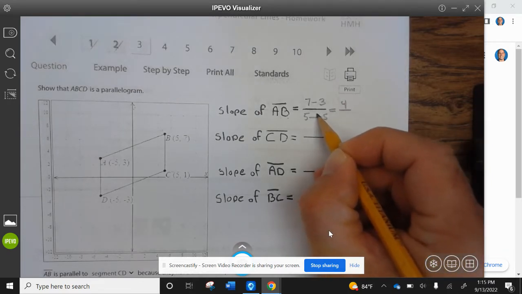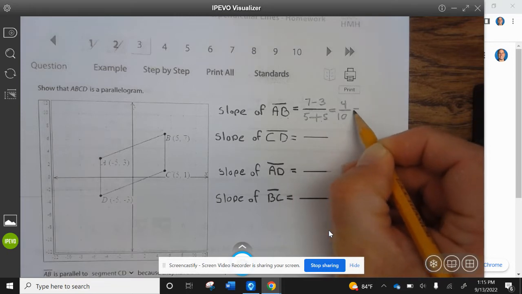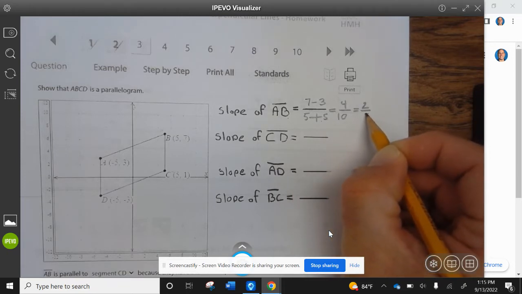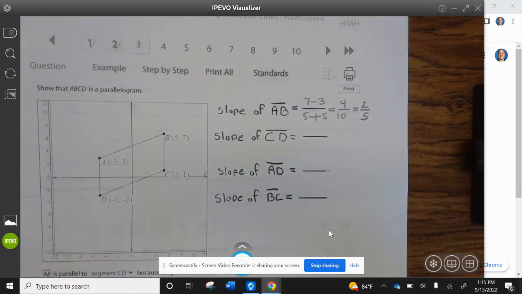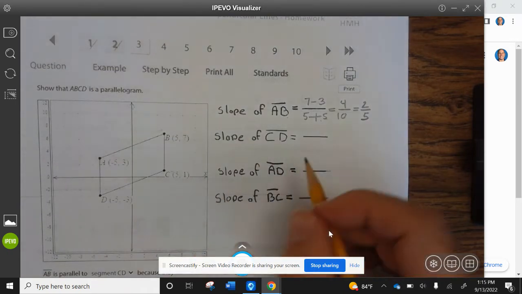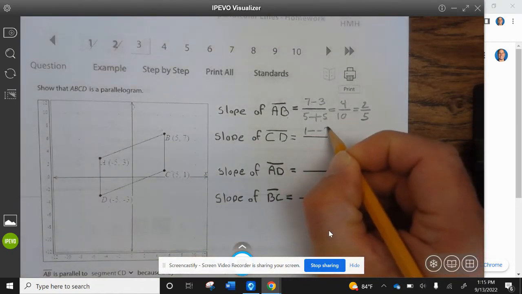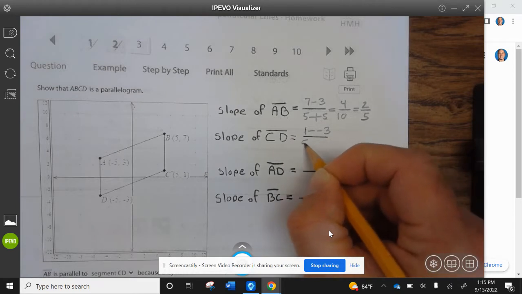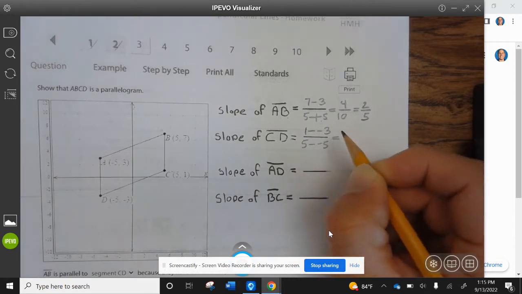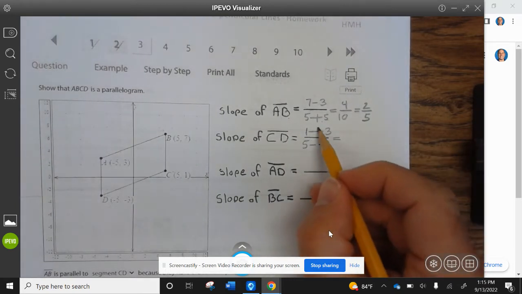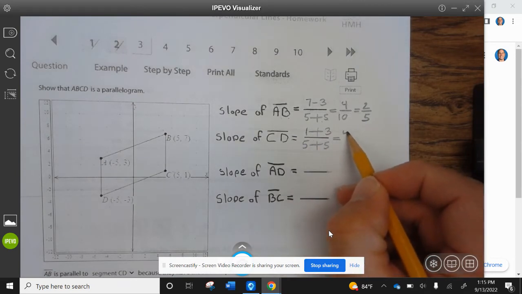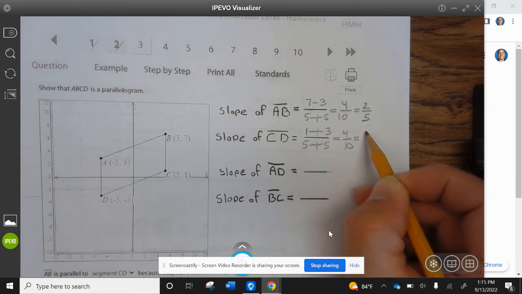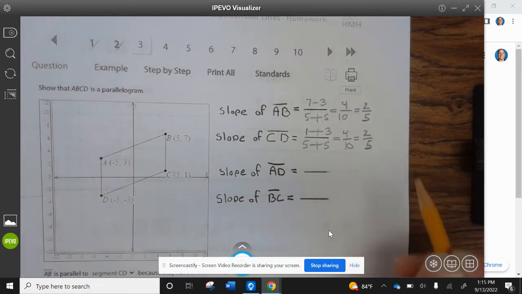When you subtract the negative, it becomes positive. 5 plus 5 is 10. 4/10 reduces to 2/5. Now the slope of CD. So we're going to take 1 minus -3 divided by 5 minus -5. Well, when you subtract the negative, you add, so that becomes plus and plus. So 1 plus 3 is 4/10, which reduces to 2/5.